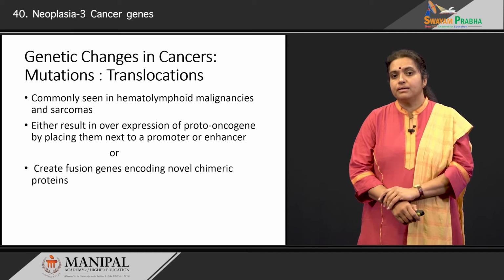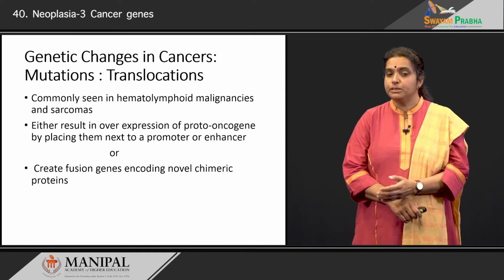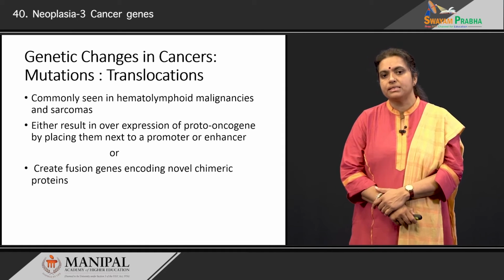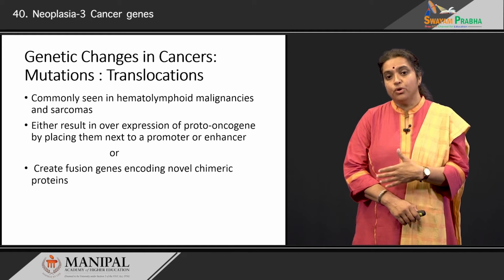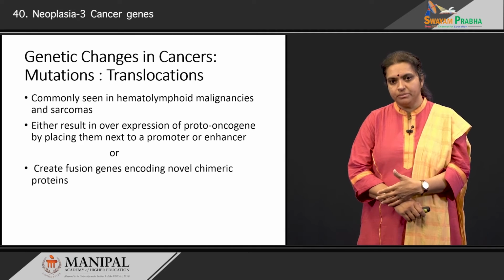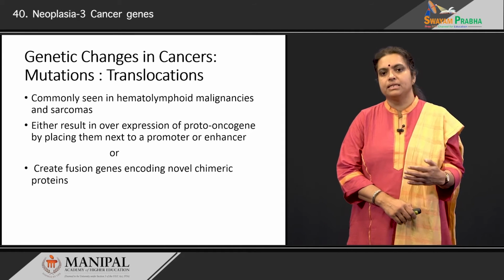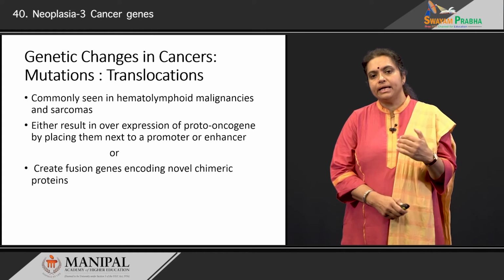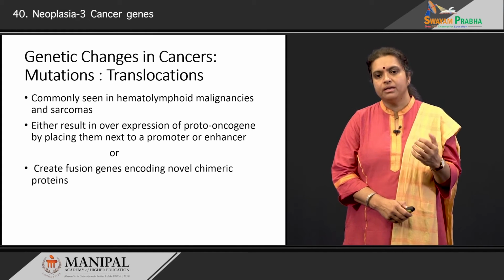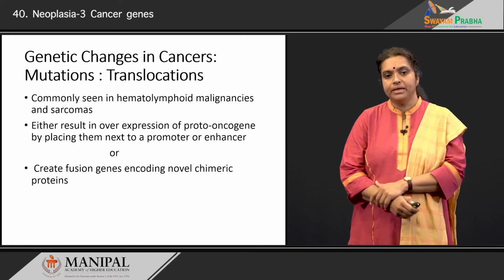This may result in two things. One is overexpression of a proto-oncogene because it is placed next to a promoter or enhancer, or it can create a fusion gene that will encode a novel chimeric protein.